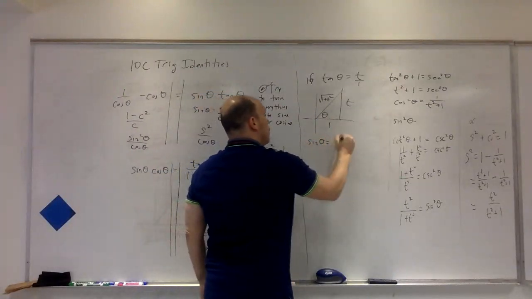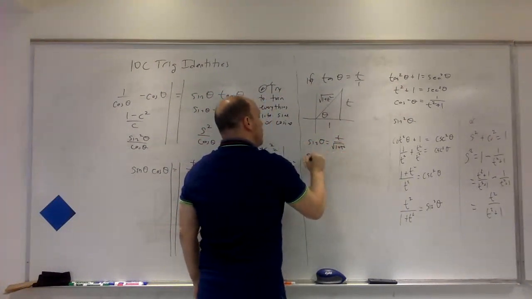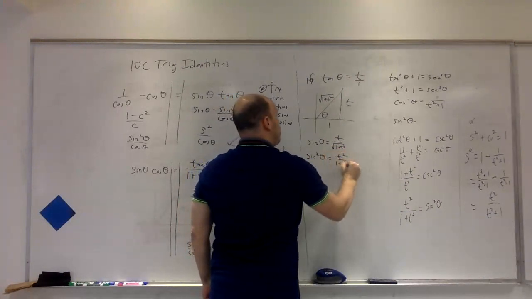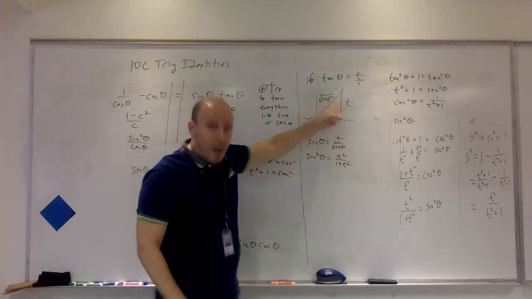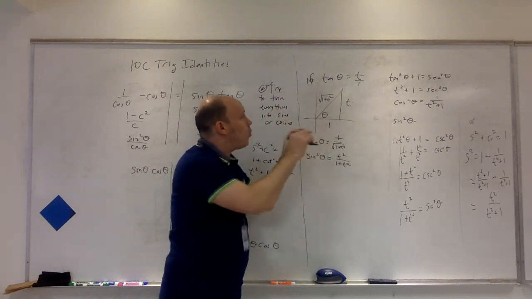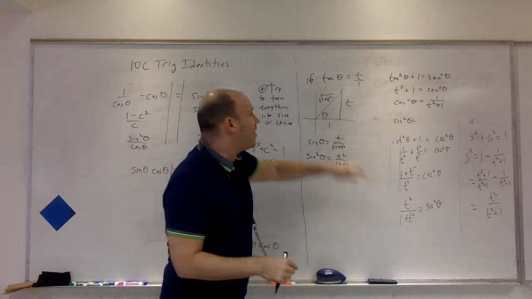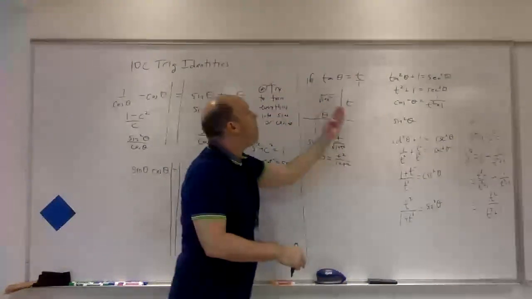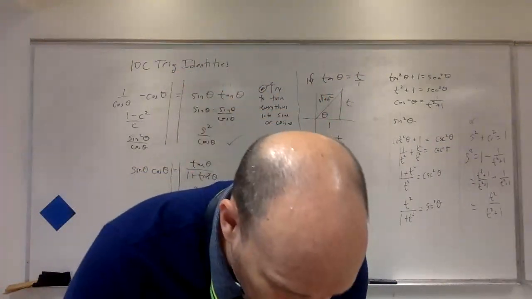You can find sine of theta, which is t over the square root of 1 plus t squared. You can find sine squared of theta, which is t squared over 1 plus t squared. If you have your sine, you can also find your cosine, and you can find your secant squared, and you can find your cotangent squared, and all the combinations. So this is the algebraic way. Personally, I like the geometric way. The second someone gives you tangent theta as a variable, make a diagram. It will make your life easier.